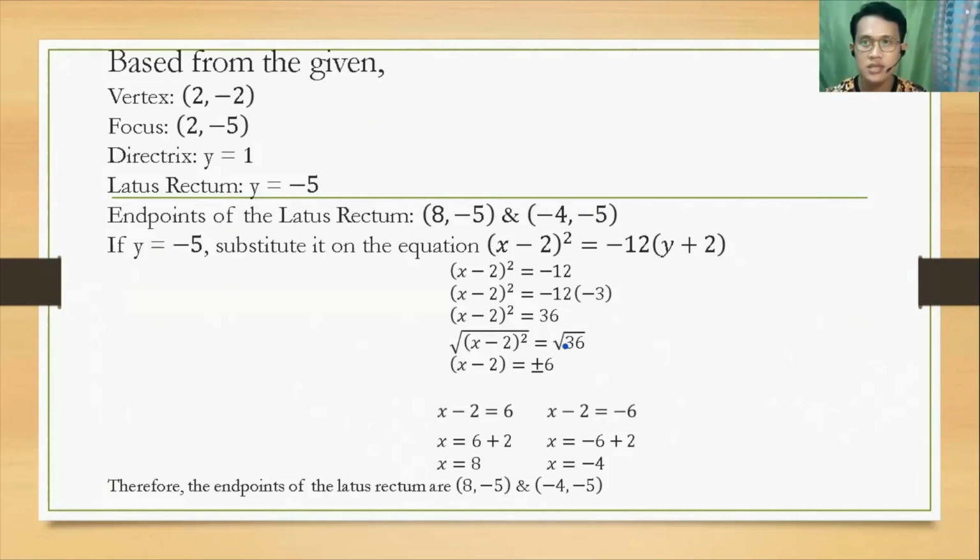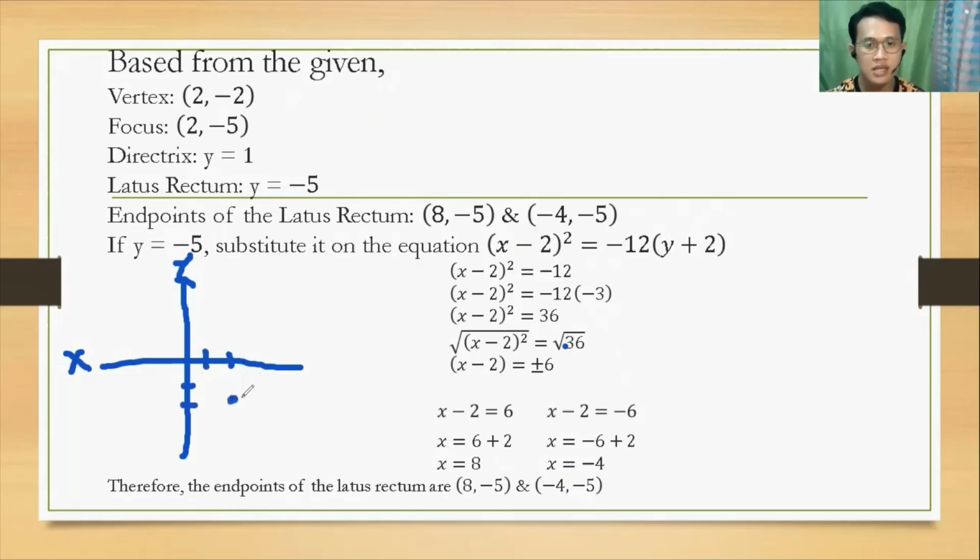Let me show this one to you. Let me draw. If this is our x and y plane, this is y and this is x. Since the vertex is located at 2, negative 2, so 1, 2, 1, 2. This is 2, negative 2.